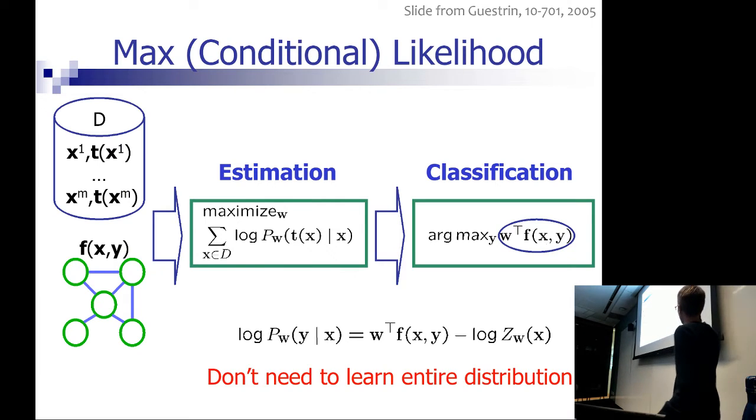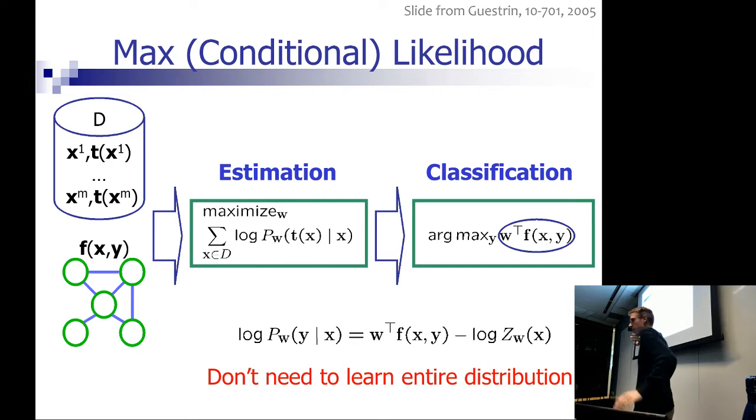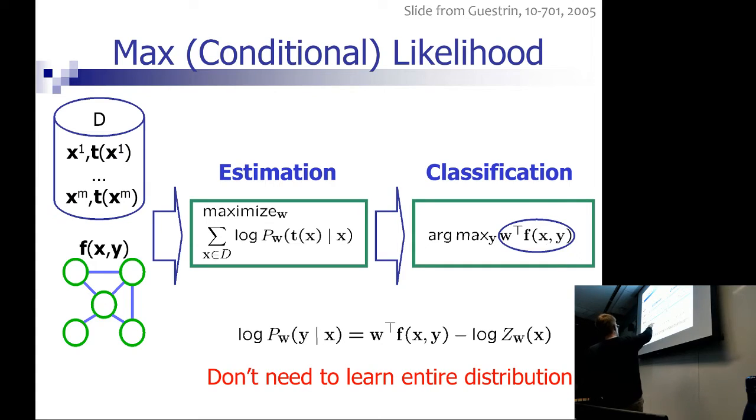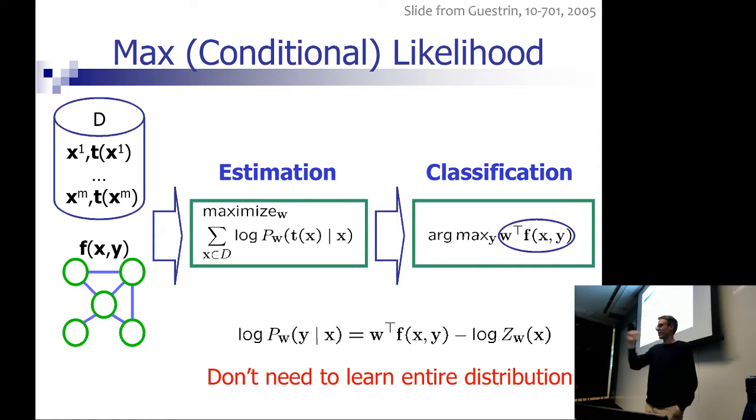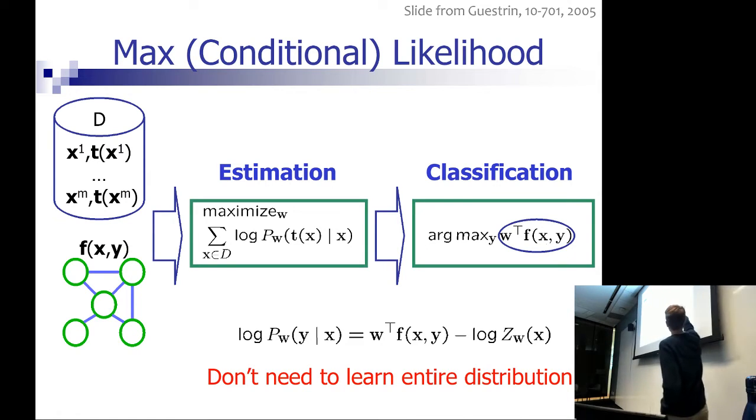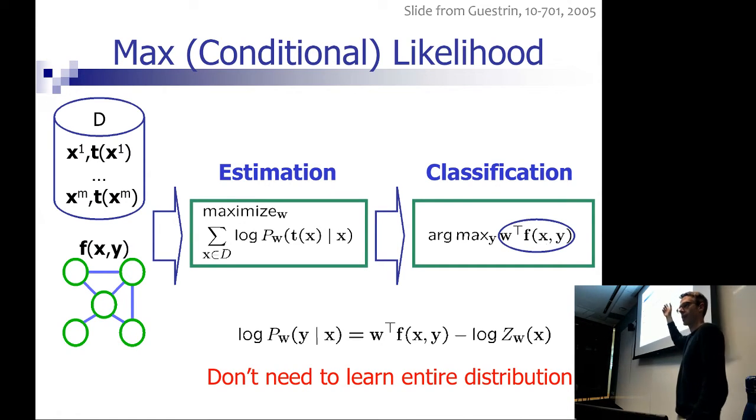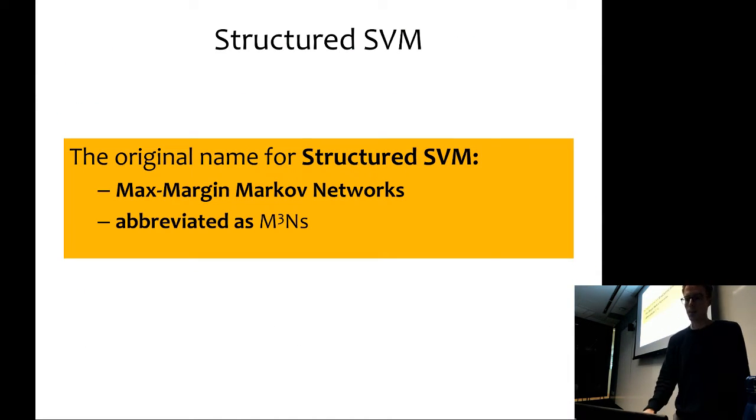So here we're going to be working with some results from when structured SVM was first coming out, and so these are all linear models where we have some weight vector W and some features of the given input X and whatever variables you're trying to predict Y, and so what we're doing here is classification just by maximizing that score of W transpose F. And then learning is going to be via structured SVM.